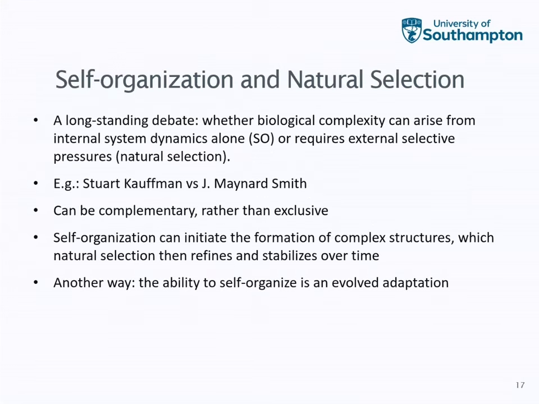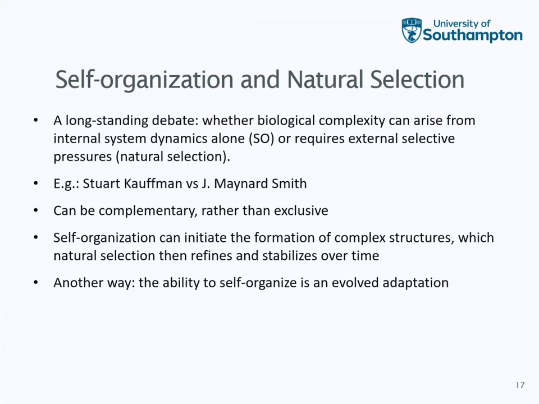So it goes back to the debate between self-organization and natural selection as the main drive of biological adaptation, like the debate between Stuart Kauffman and Maynard Smith years and years ago. But here I think that self-organization and natural selection can be complementary rather than mutually exclusive.